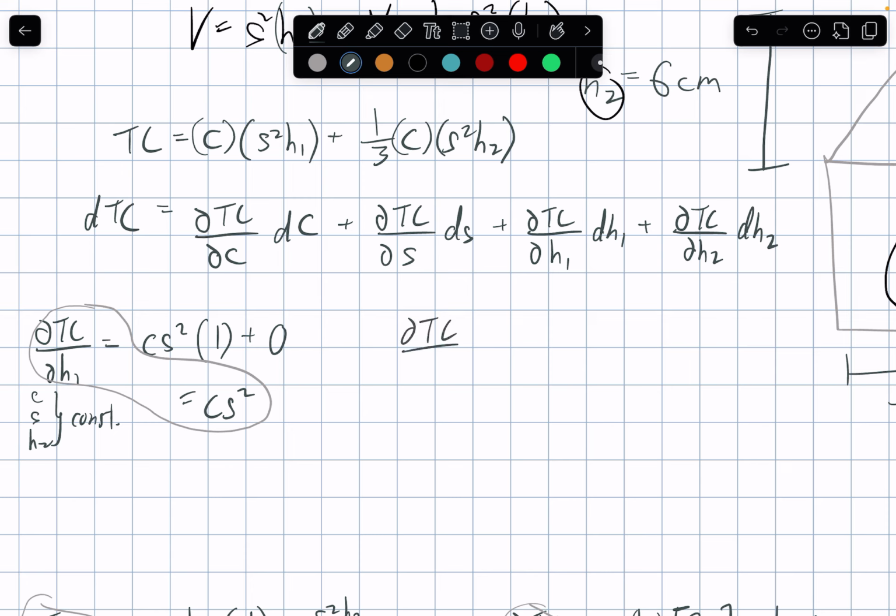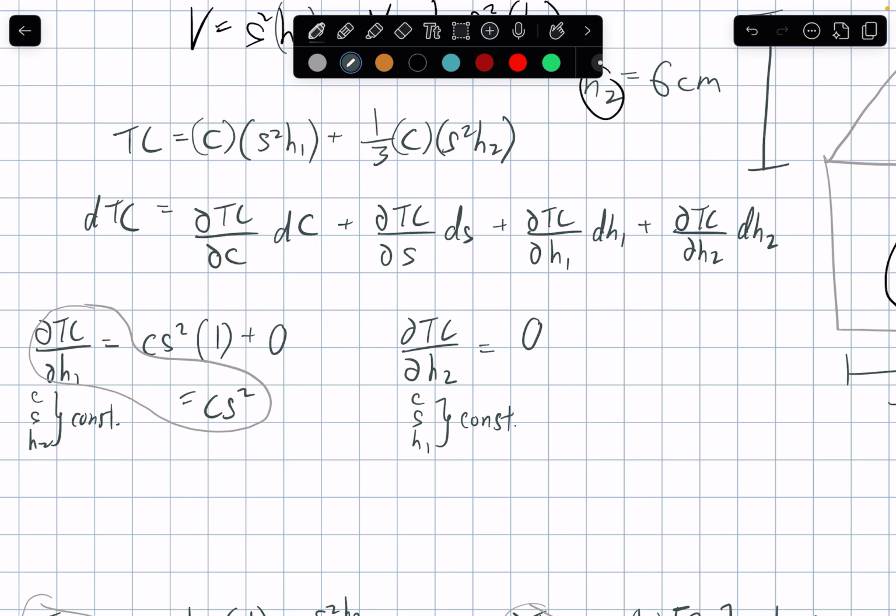How about partial Tc over partial H2 this time? C, S, and H1 are all considered constants. So C, S, H1, this entire thing is going to be 0.